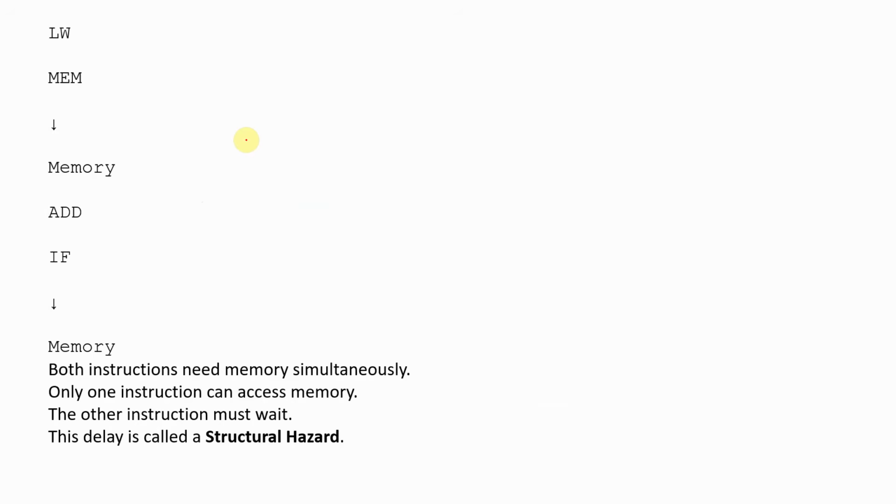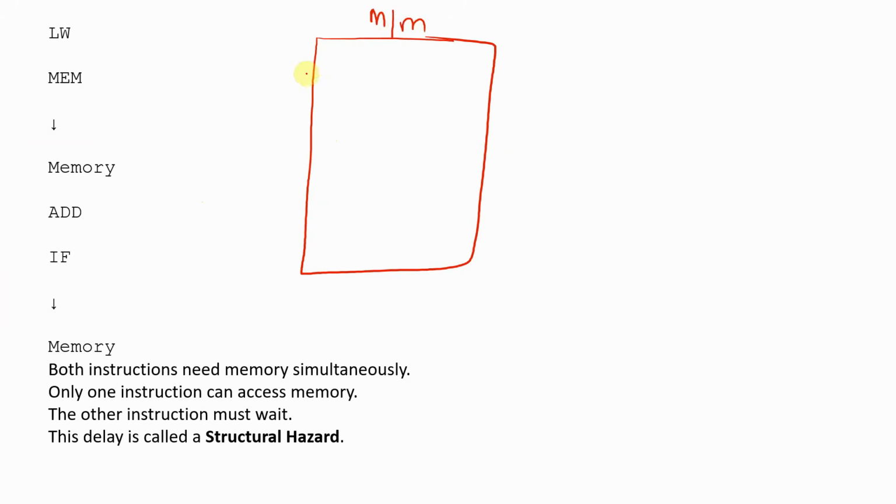So what is the conflict? Suppose I have only one memory where both data as well as instructions are stored. So I have a common memory where data and instructions are stored.